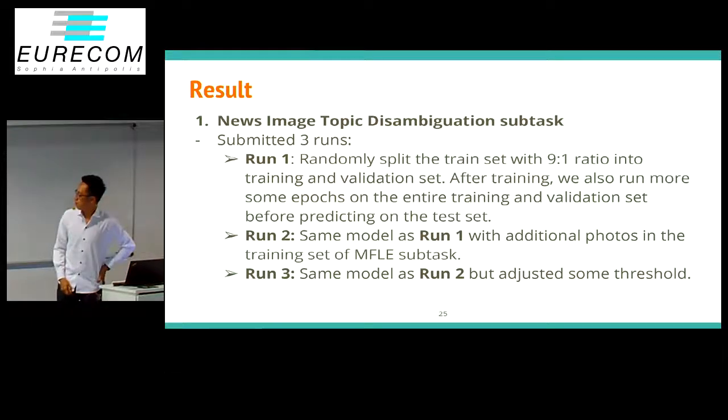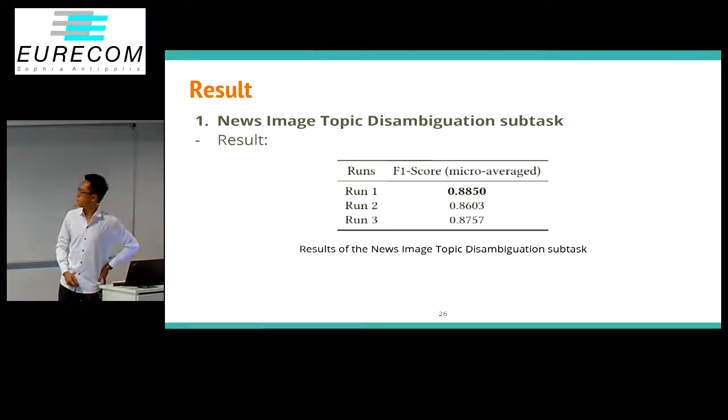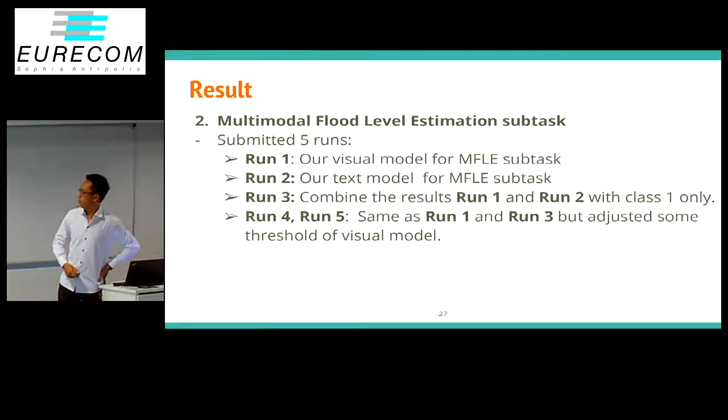For the first task, they submitted 3 runs with multiple modifications of the thresholds. And for the second task, there are multiple runs, with runs 2, 3, 4, and 5 containing some information based on the text.